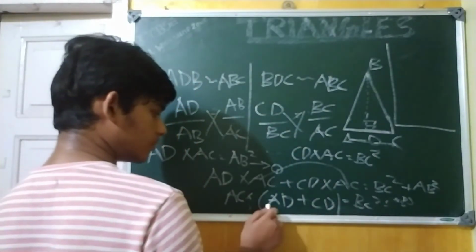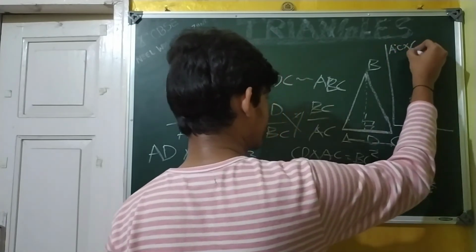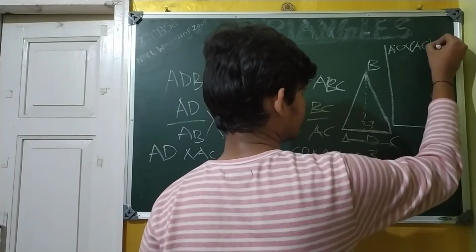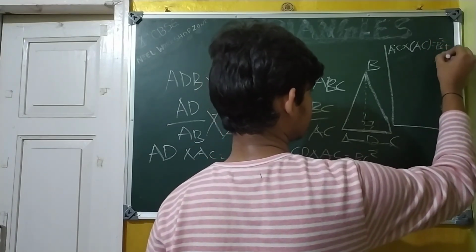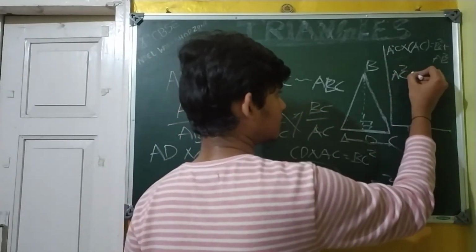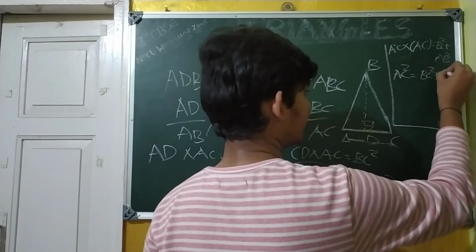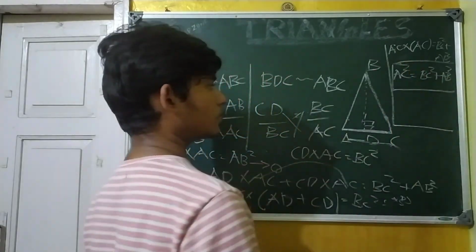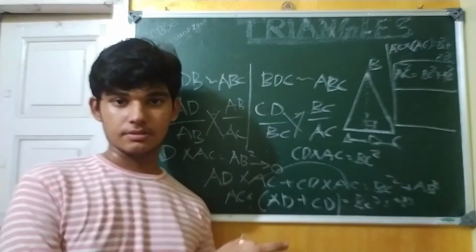So AC into AC, because I just explained it, is BC square plus AB square. So AC into AC is AC square. So AC square is equal to BC square plus AB square. That is how you prove that the Pythagoras theorem works, or why you use this formula.